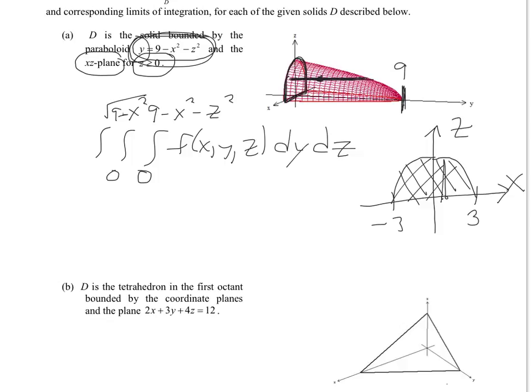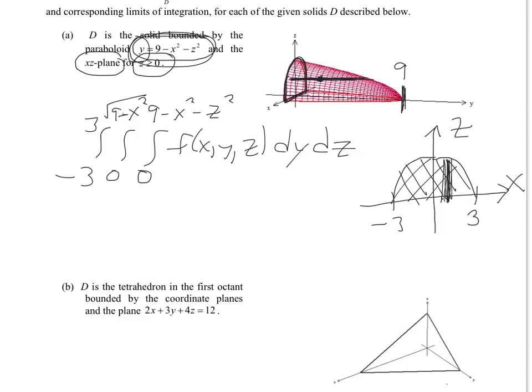I'm using a stylus and writing directly on a computer screen, and I'm not very good at doing that. But the limits of integration for my middle integral with respect to z would be 0 and the square root of 9 minus x squared. And that would correspond to constructing a vertical line segment inside of this region, and then I would want to collect up all such line segments from x equals negative 3 to x equals 3.